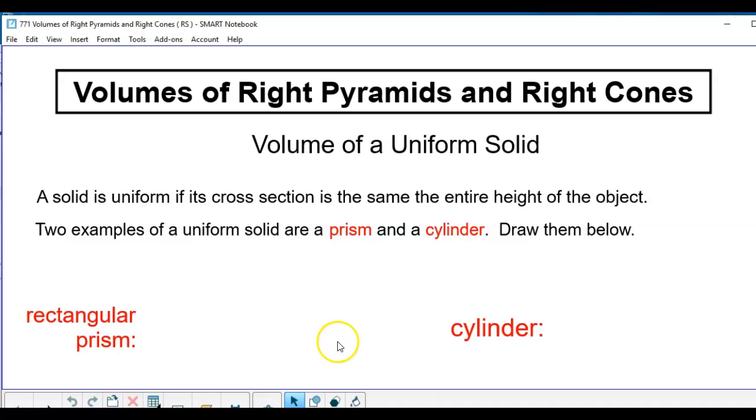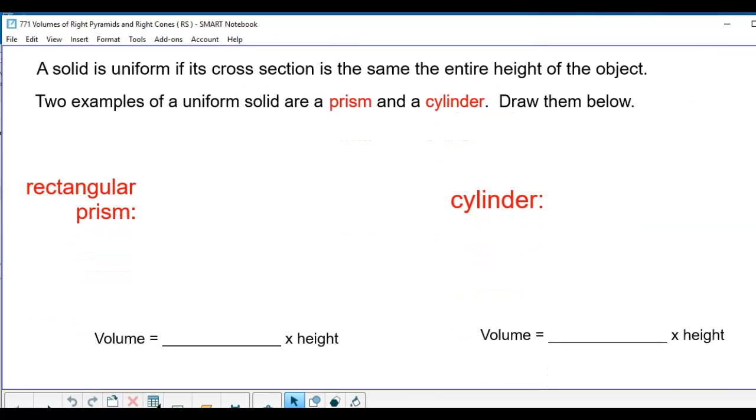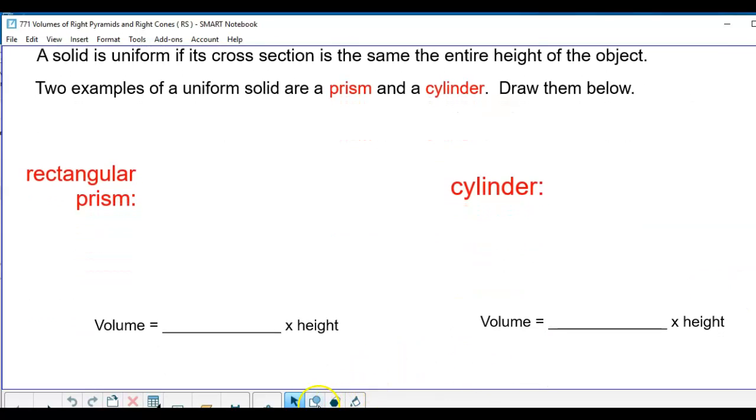So two examples of a uniform solid are a prism and a cylinder. So draw them below. I'm just going to quickly try my best at a rectangular prism. So something like this.